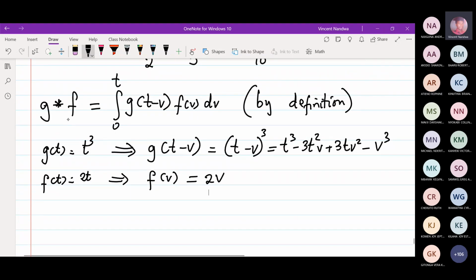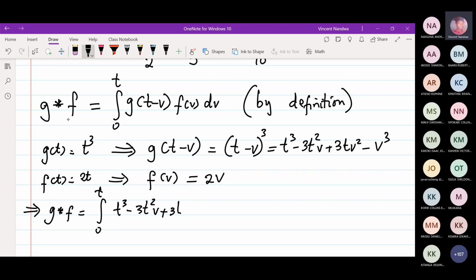So now the convolution of F and G will be the integral from 0 to T of T cubed minus 3T squared V plus 3T V squared minus V cubed, times F of V, which is 2V, dV.